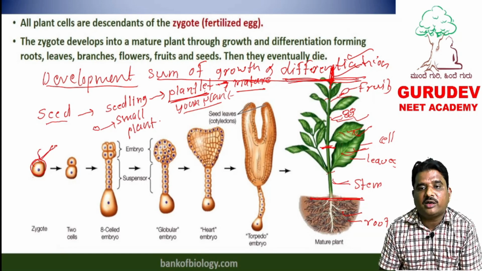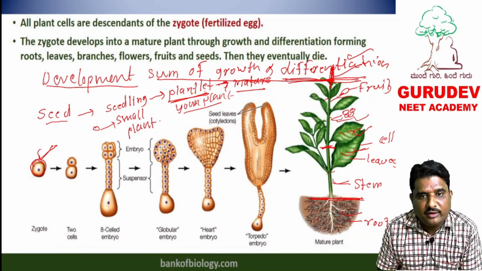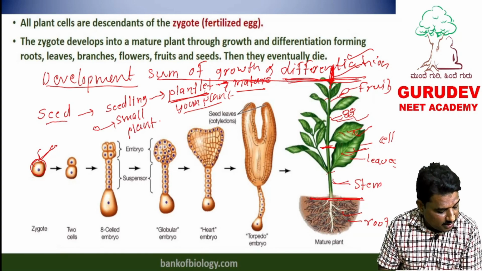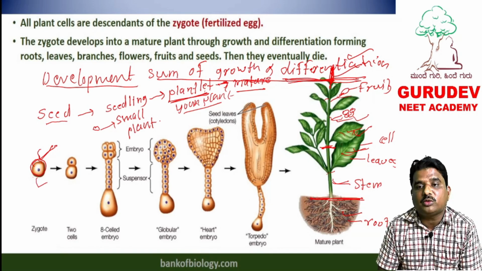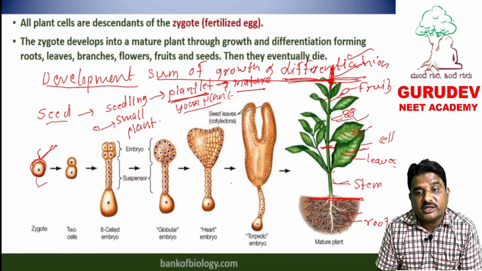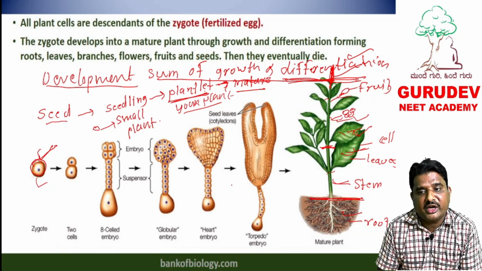While studying this, we have to learn all the developmental processes from zygote to mature plant. There are some extrinsic and intrinsic factors which govern these developmental processes, and we have to learn them.